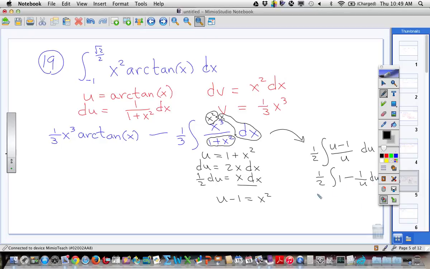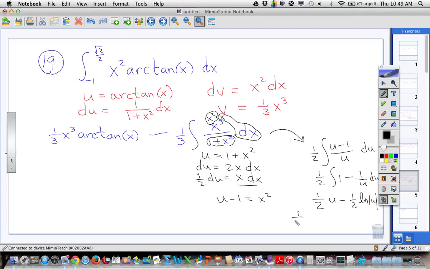So now my antiderivative, I'm going to put 1/2 on all of it. What's the antiderivative of 1? u. And I'll put a 1/2 on this. Antiderivative of 1 over u? Natural log of u. Okay, and remember u was 1 plus x squared.